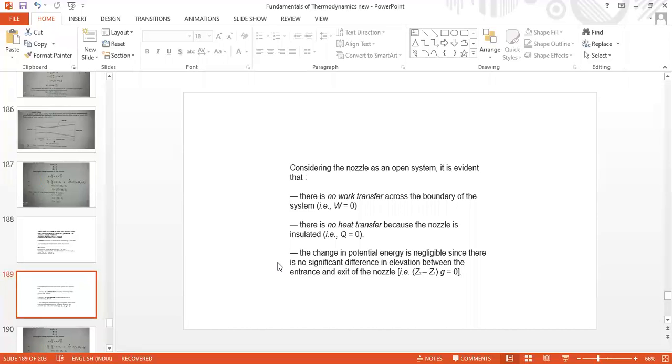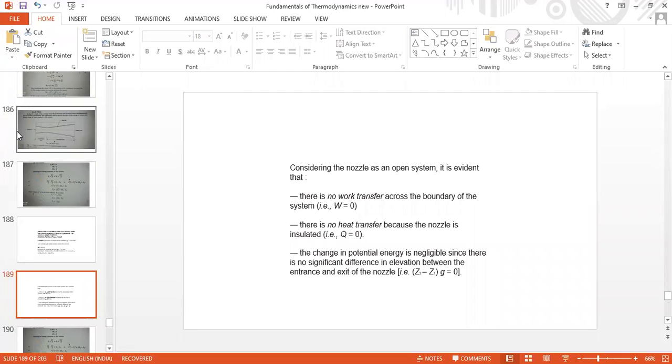Sir, for an open system, both energy and mass change. Right. When both mass and energy cross the system, that is an open system. Here the mass crossing the system is steam, and the energy crossing the system is kinetic energy, and of course pressure enthalpy.